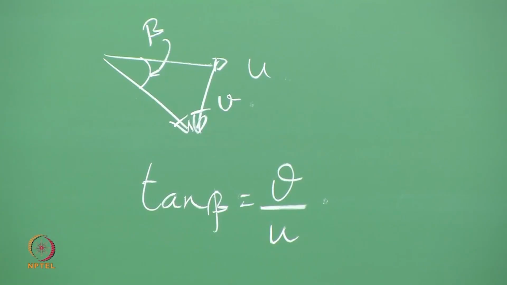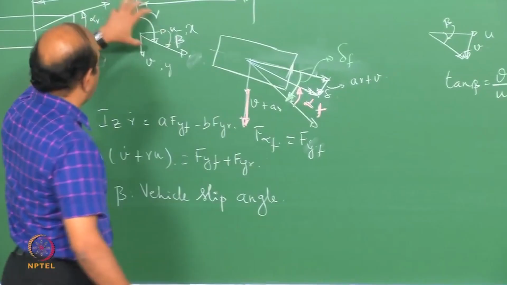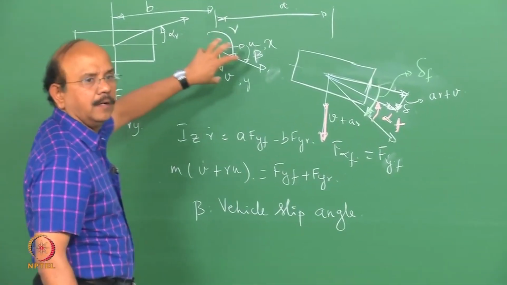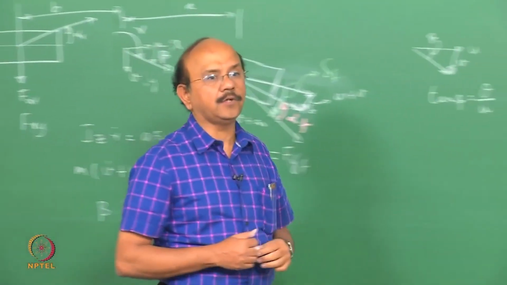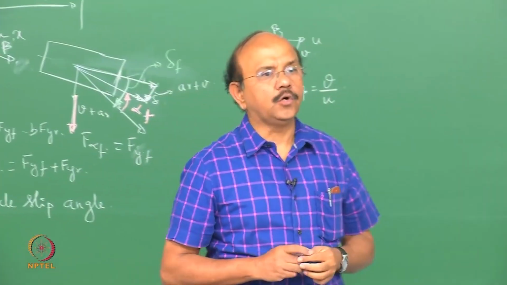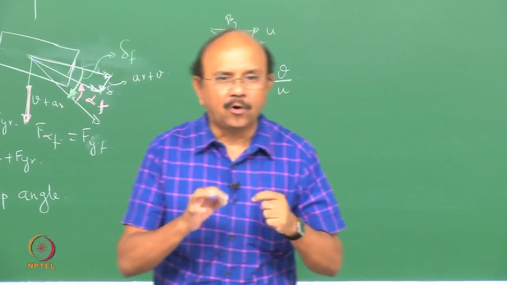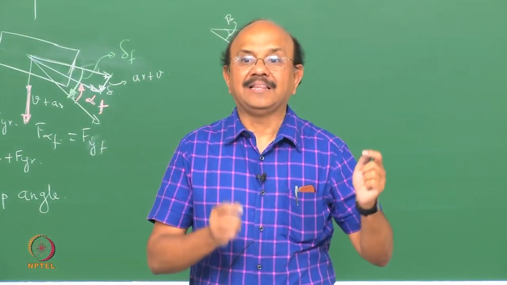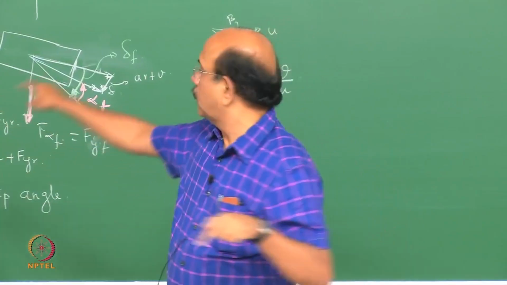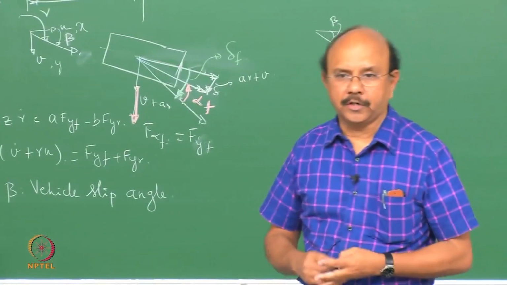Now let us look at alpha r. r is the yaw rate. If I have to write down the velocity at the rear, V and u are at the CG location.